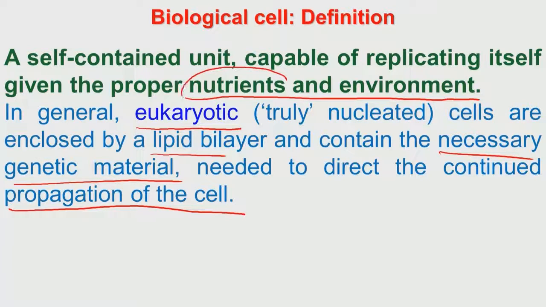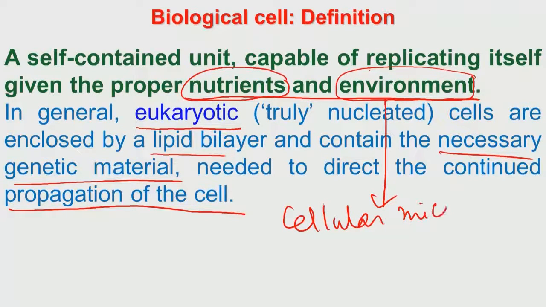So, nutrients are essentially required for the survivability or cell survival. Environment, cellular microenvironment, essentially means that each cell must receive a combination of signaling molecules to survive, and in the absence of those signaling molecules the cells cannot survive.